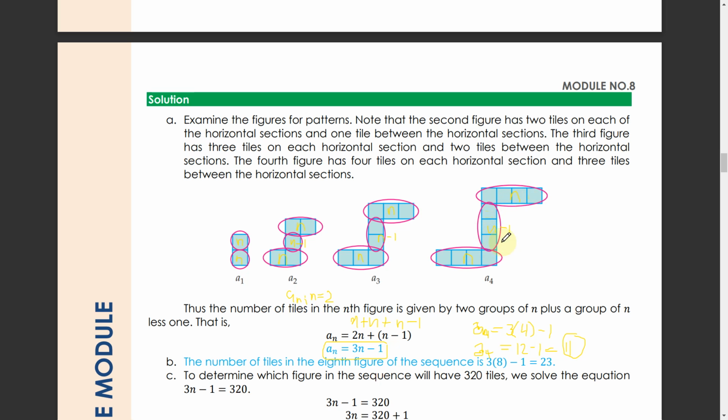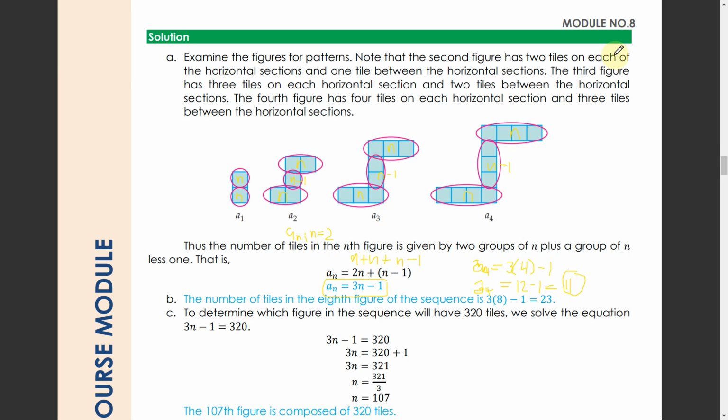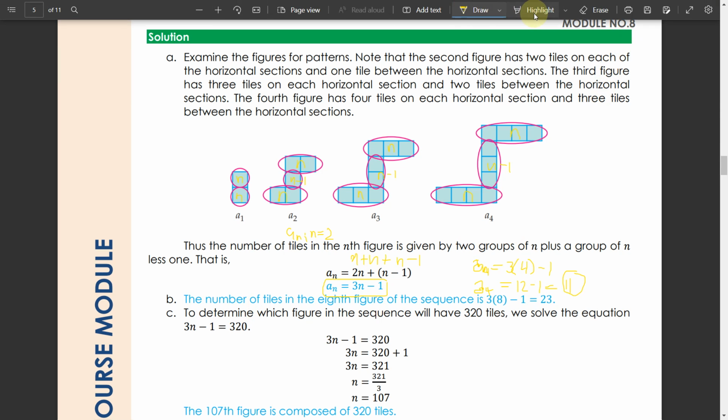So if you wish to know how many tiles there are in the eighth figure, which is the question in letter B of the problem, meaning our n here is 8.